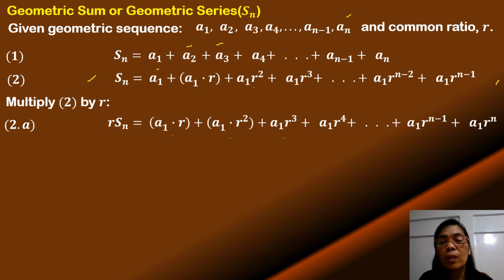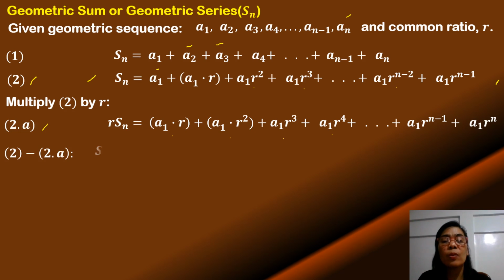A sub 1 r cubed times r is a sub 1 r raised to 4, and so on. And the second to the last term, if we multiply this one by r, will give us a sub 1 r raised to n minus 1. And multiplying a sub 1 r raised to n minus 1 times r will give us a sub 1 times r raised to n.